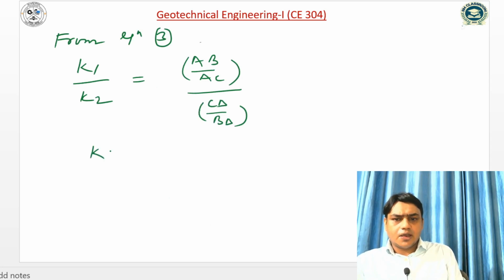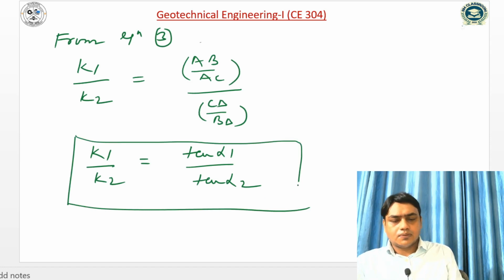So we can write K1 by K2 is equal to tan alpha 1 divided by tan alpha 2.